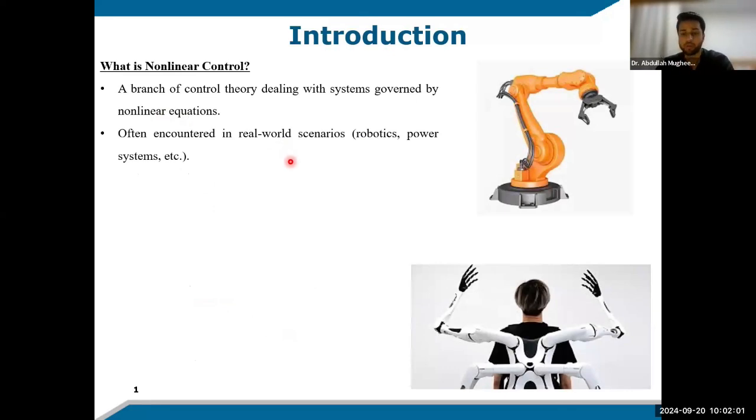If I were to explain it in better non-technical words, if there is a task that is simpler, you can consider it as a linear system. For example, here's a robotic arm. If the task of this robotic arm is just to grasp an object at a very low speed, you don't care whether it takes 5 seconds or 10 seconds to grasp the object.